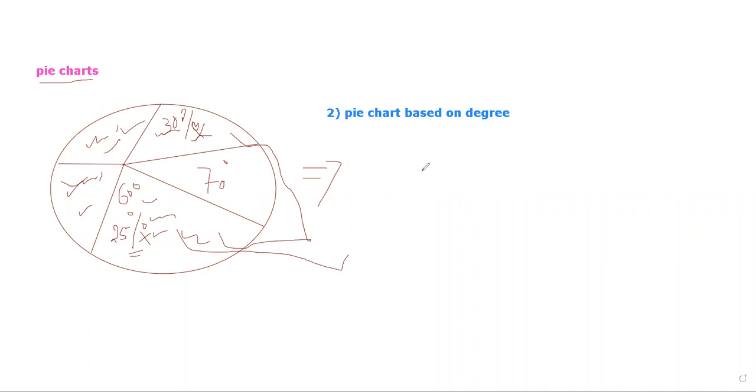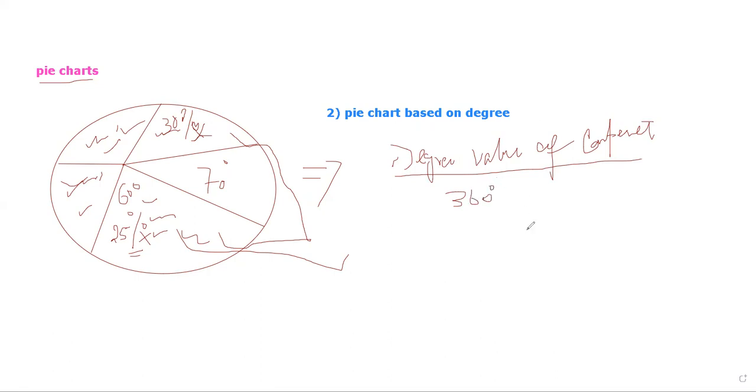The better way is to remember the formula: degree value of component, divided by the total 360 degrees, because a full circle has 360 degrees, into total value.